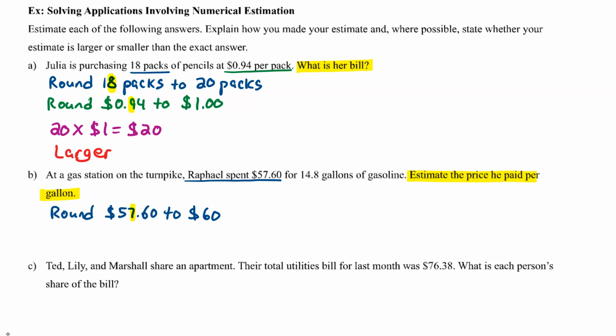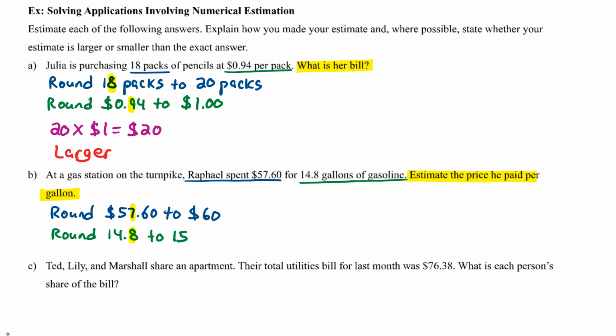We also know that he paid for 14.8 gallons of gas. So we could round that to the nearest ones. So if we do that, looking at what's sitting beside the 1, so we got 14.8, focusing on the 8, that forces us to round up to 15.